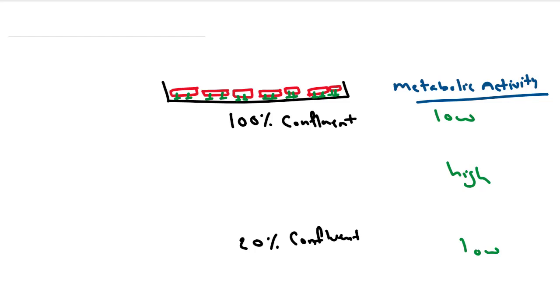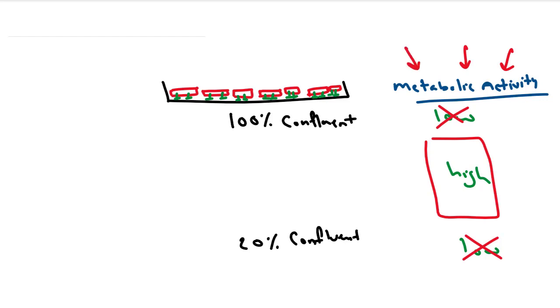Typically, people will always do their experiments in the area where you have this high metabolic activity. You do not want to be in these zones. You definitely don't want to be varying around high confluency and very low confluency and then in the middle, because then this whole thing of metabolic activity becomes a variable in your experiment.